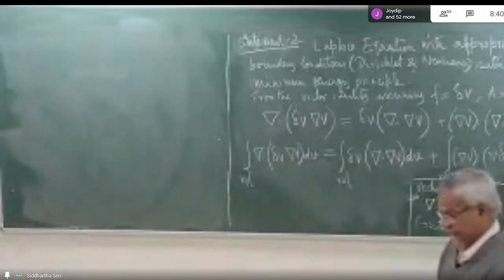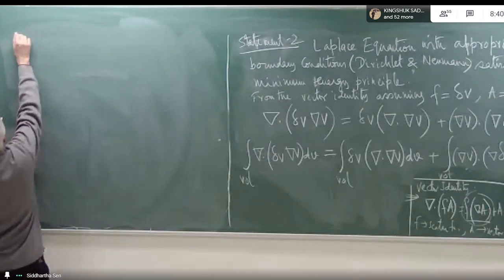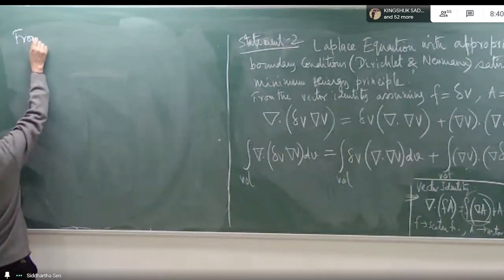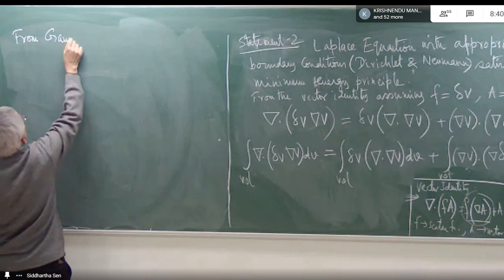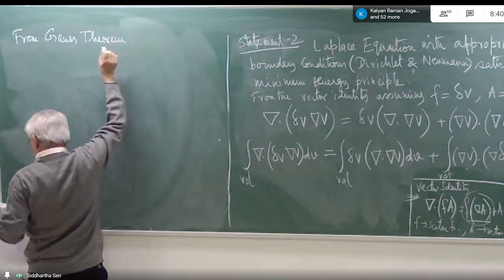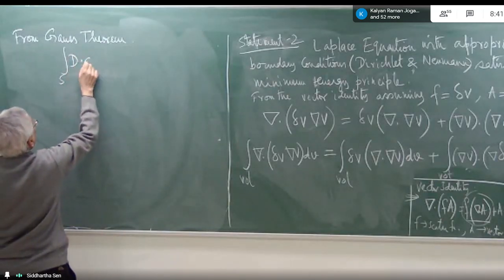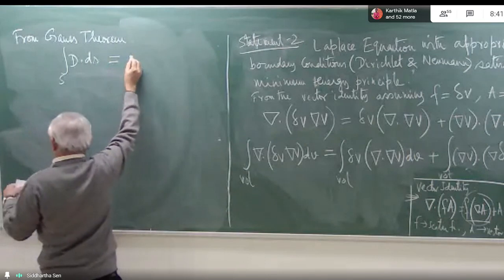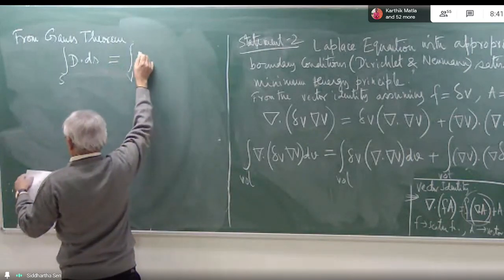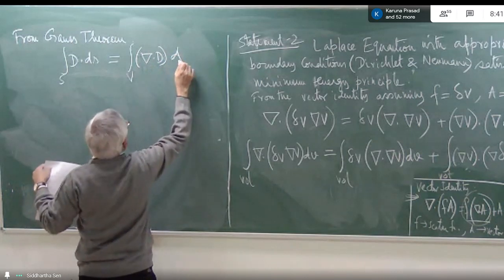From the Gauss theorem, we have the surface integral of D dot dS is equal to the volume integral of nabla dot D into dv.